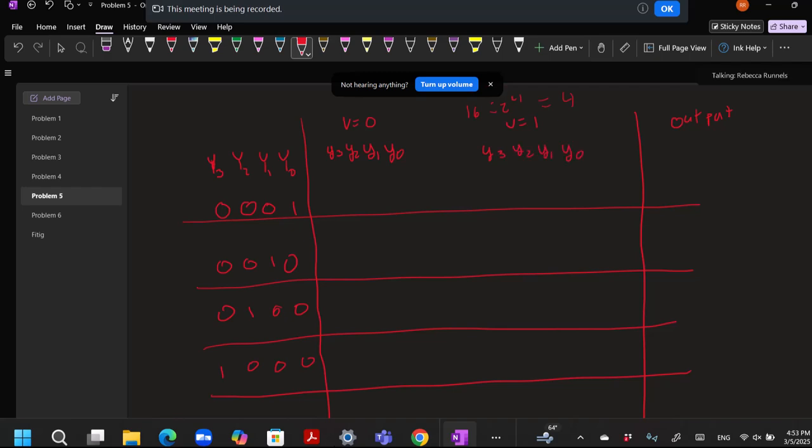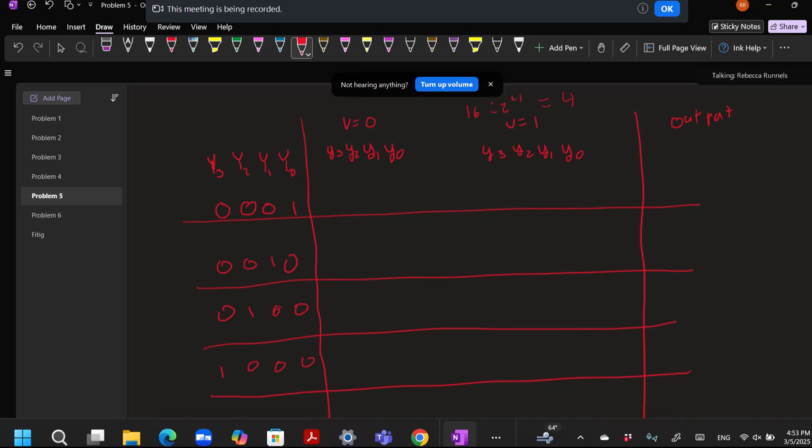So I have to use 4 bits if I have 4 states for one hot encoding. For one hot encoding, you have to have as many flip-flops as you have states. And I'm labeling them 0 through 3.